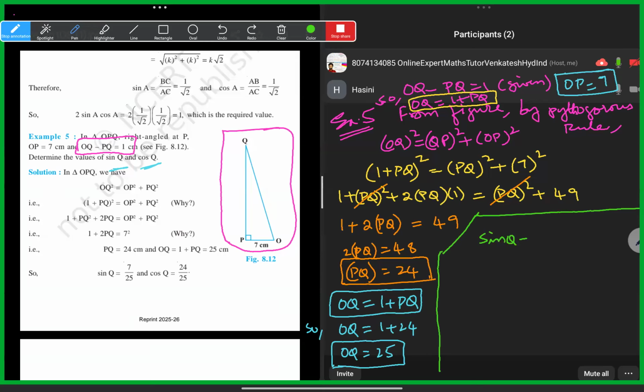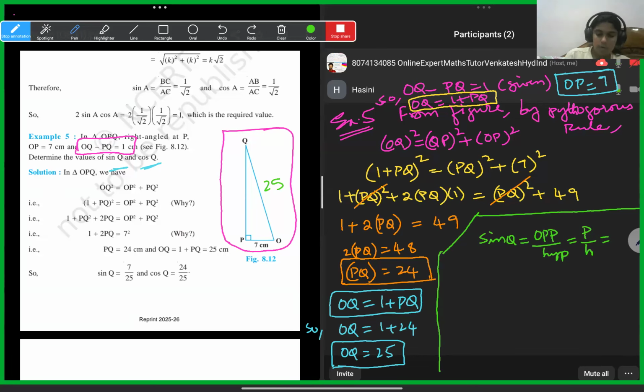So sin q is equal to, what is the formula, Hasni? Opposite by hypotenuse, or perpendicular by hypotenuse. From the figure, since we have all the three sides, I am just writing the sides. OQ is 25 and OP is 7, already written there, and one more side is 24.